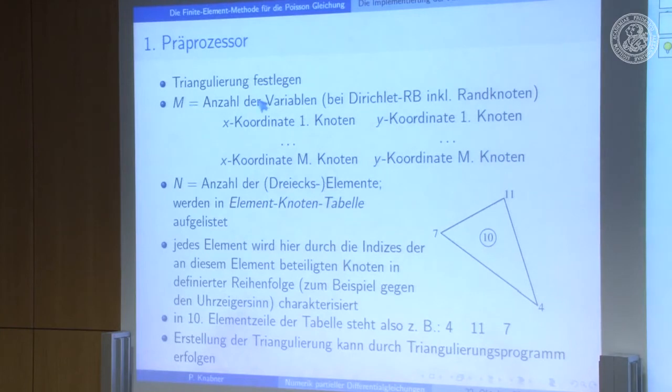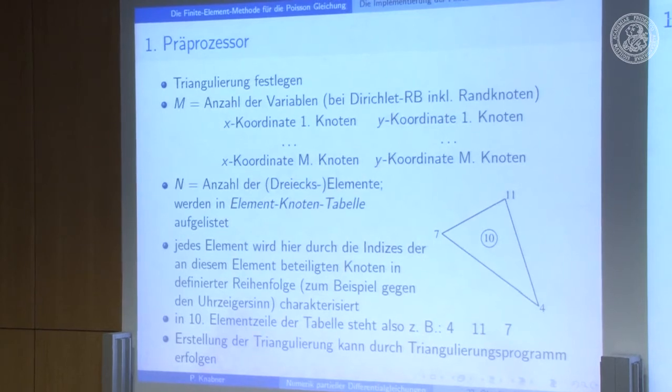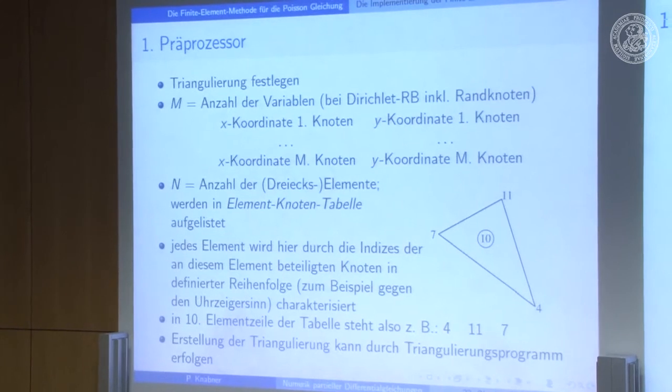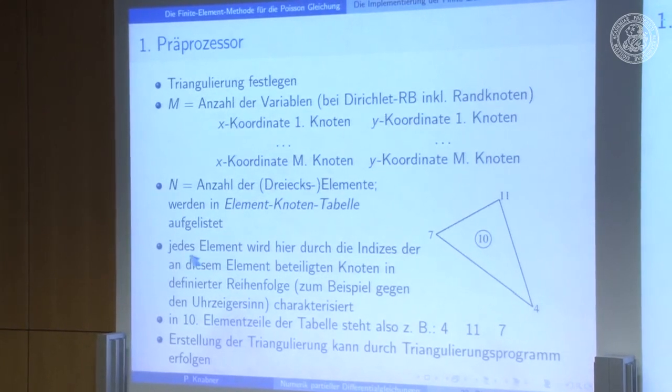These are the quantities we have. The m is the number of total variables, of nodes, and then we have to relate those nodes to the geometrical objects, in our case the triangles. That means first we have to know, of course, how many triangles, and then we have to know which triangles.